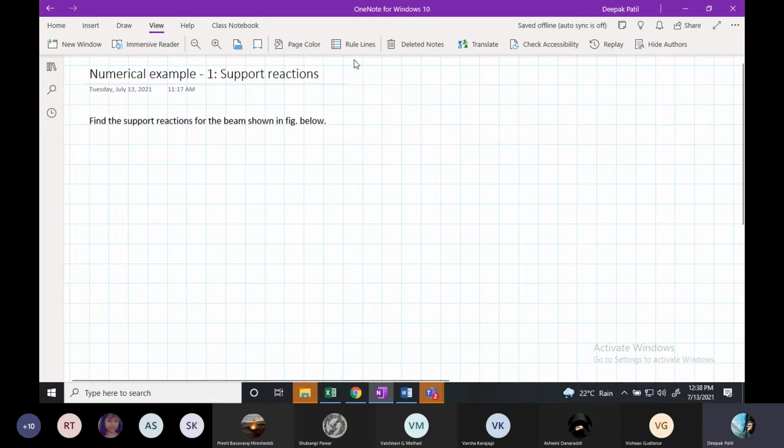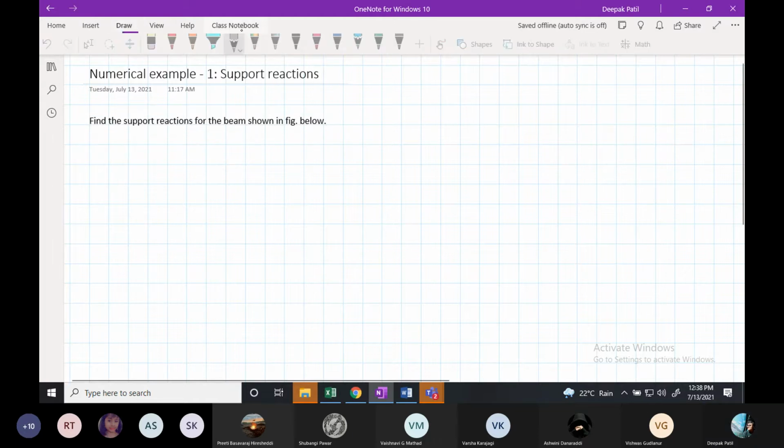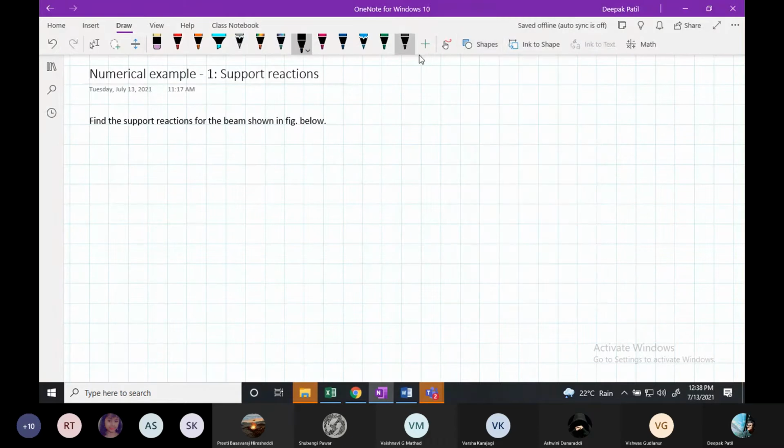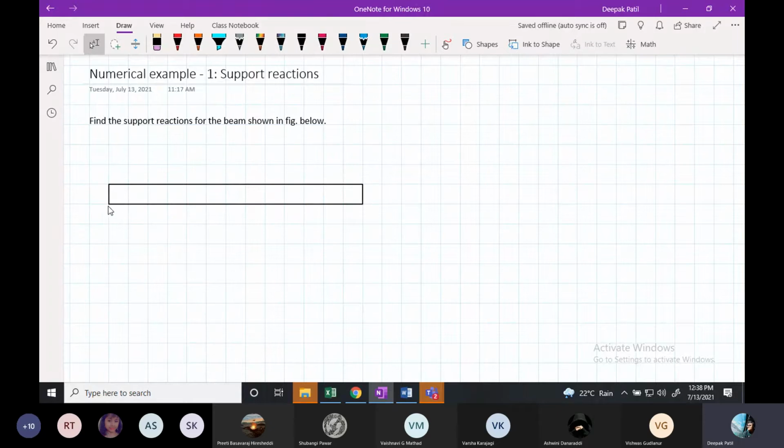Let me draw the beam. It is a simply supported beam because on one side it is a pinned support and on the other side it is a roller support.